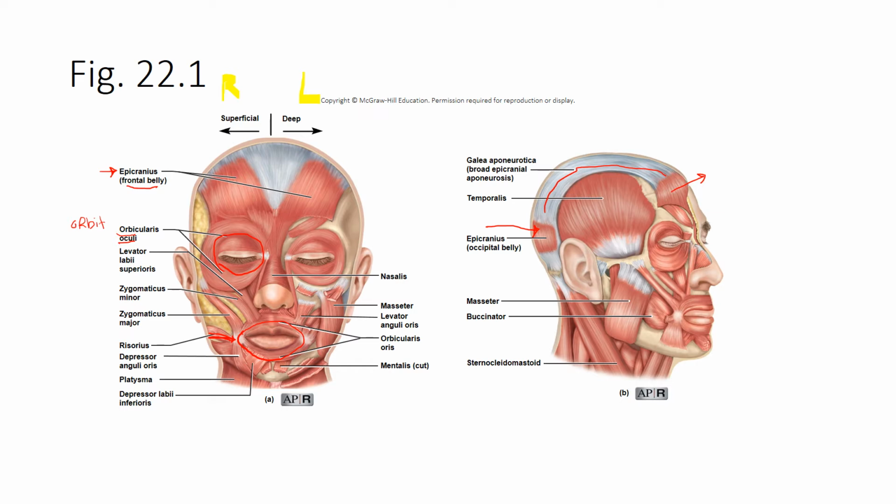Once you hear minor again, as we discussed before, you expect major all the time. So you have one zygomaticus minor, it's right here. Minor means the small one or the baby one. And the zygomaticus major is this one here, the big one right here.